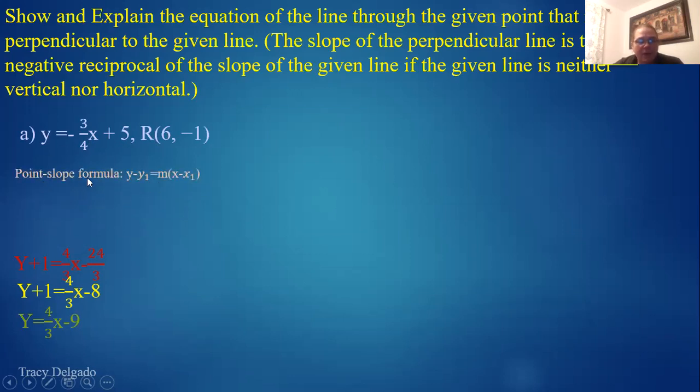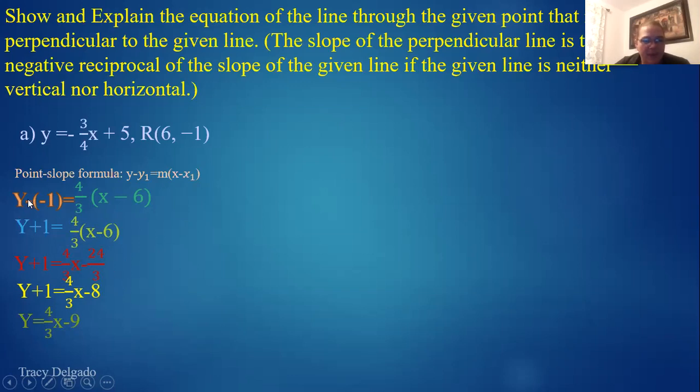And the point slope formula, I looked this up, is y minus y1 equals m times x minus x1. So in this one, we have y minus the -1 equals 4/3 times x minus 6. Our y plus 1 equals 4/3 times x minus 6.